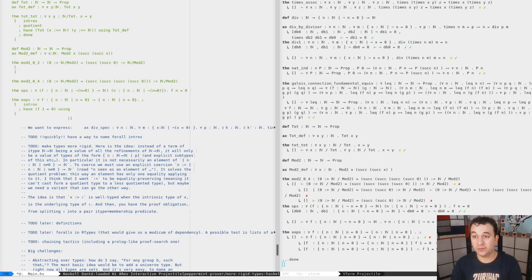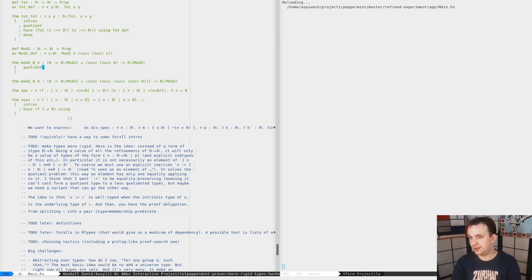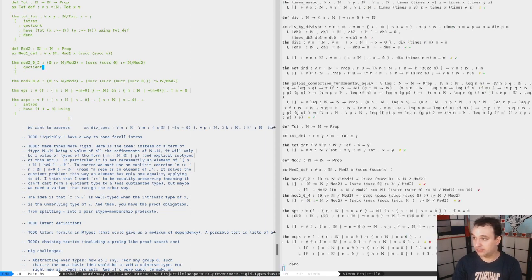Because what we want to do here is just call quotient. Oops. And we'll immediately run into a problem. So if you look here, which is not very readable, you can see that this is not the right form because we have a coercion and a second coercion in a row.